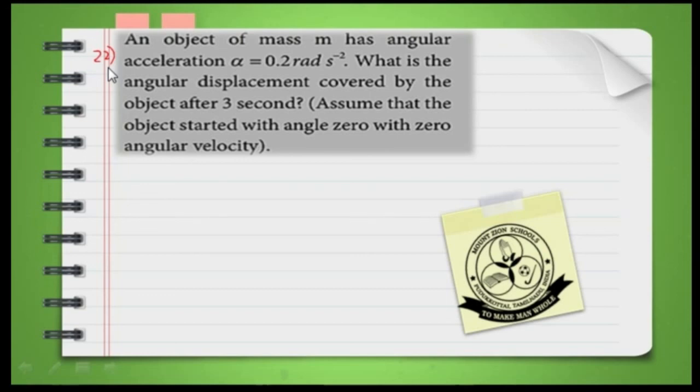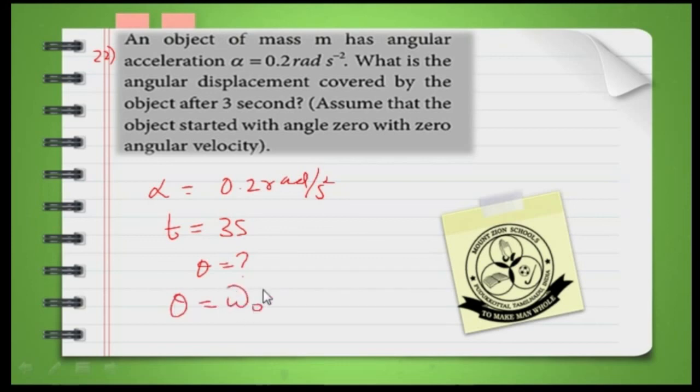Here you need to find out the angular displacement. Given values, alpha is 0.2 radian per second square and t is equal to 3 seconds. Theta is equal to what? You know the formula for the angular displacement according to the equation of motion, that is omega naught t plus half alpha t square. Okay, so substitute the values.